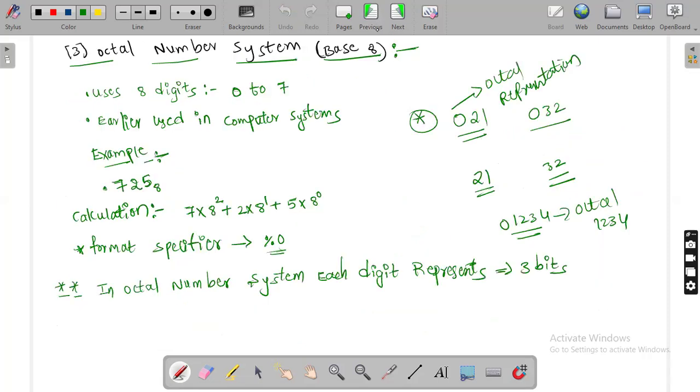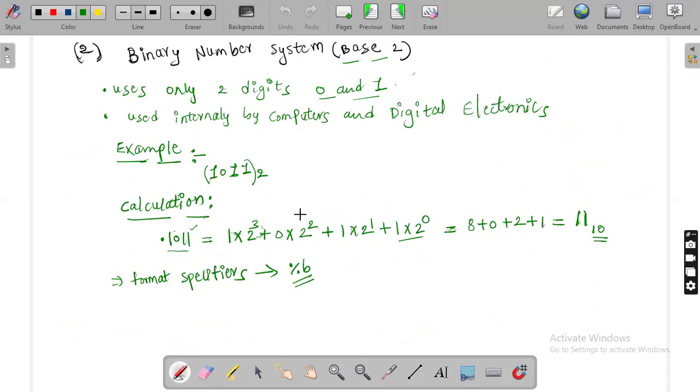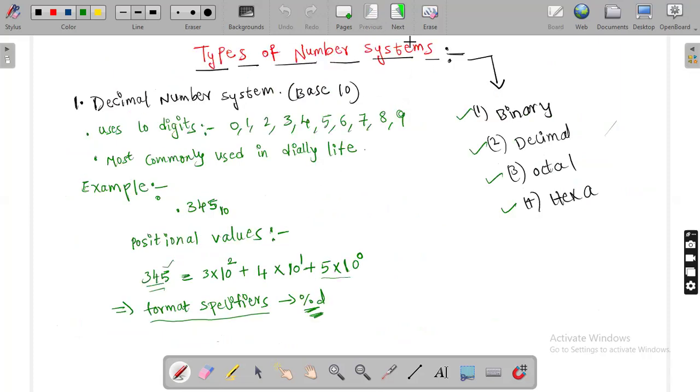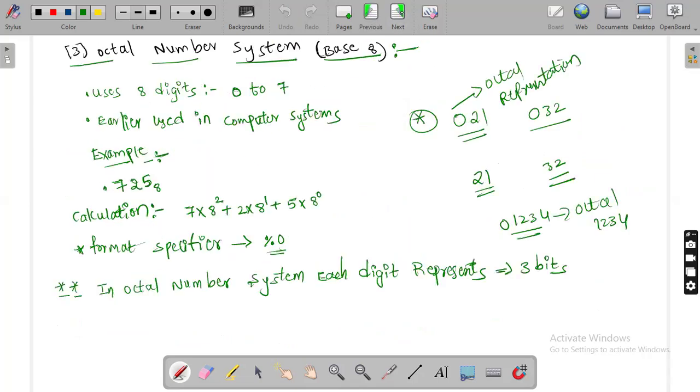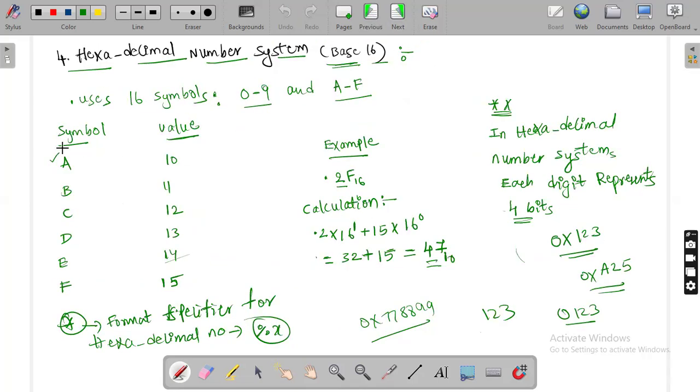And what is the format specifier for the octal number system? It is %o. %b for binary and %d for decimal. I hope it is clear. This table is important. A means 10, B means 11. So you got some basic idea.